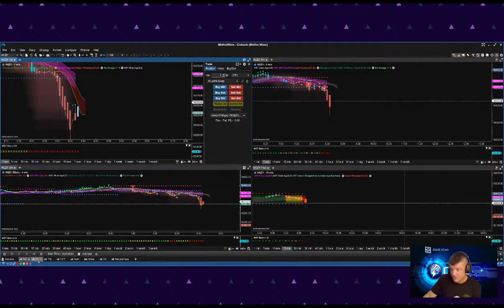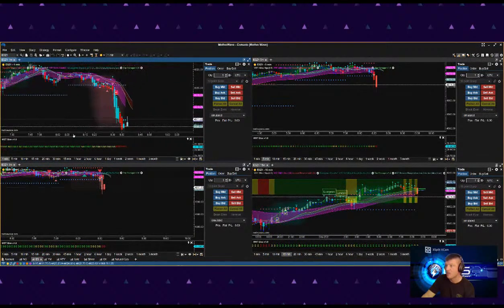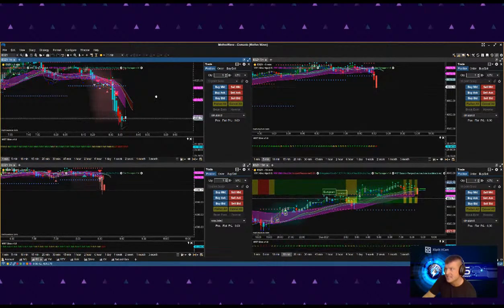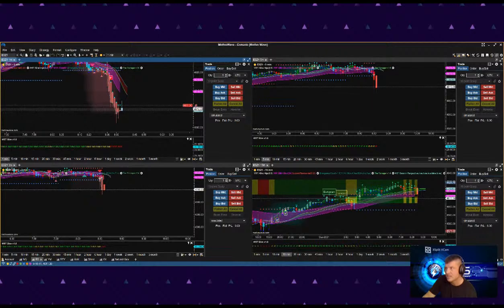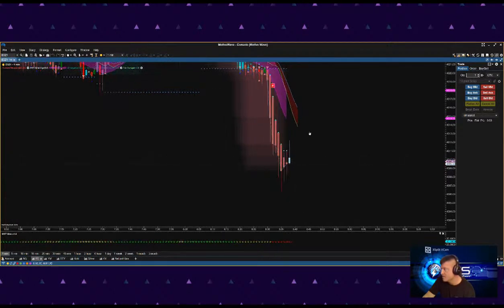So we'll glance through here real quick, check out the ES. The ES took a dip this morning as well. However, we've got the 6-star on the 1 minute. Doesn't look like we really covered that much ground on the dip. I say we didn't cover too much ground, but it looks like we did cover quite a bit of ground here on this dip from this 6-star candle right here. Let's see here.